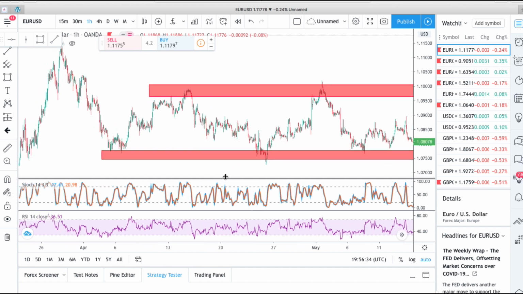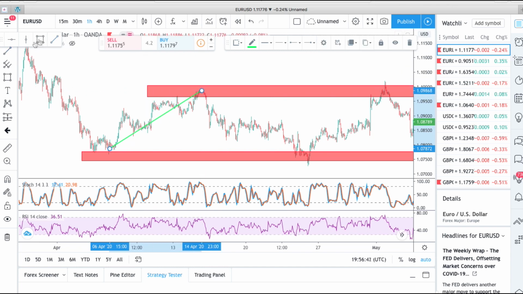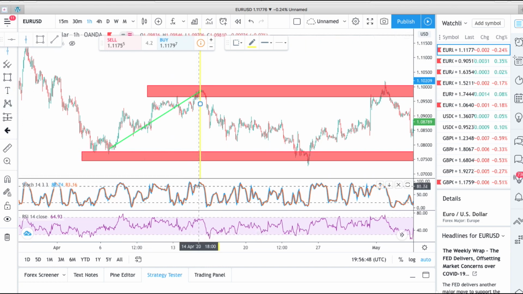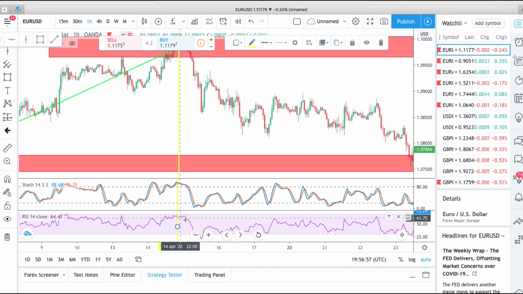Let's look here, for example. Price came up to an area of resistance, right? We're right on this area here. Stochastic is showing overbought. RSI is almost in the overbought area.